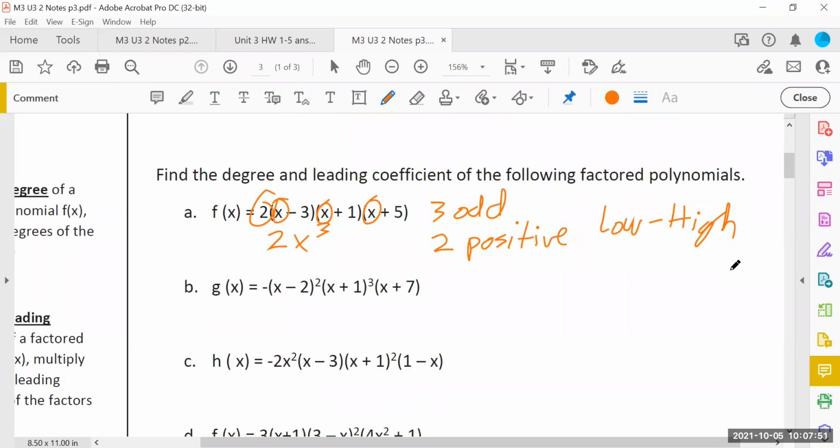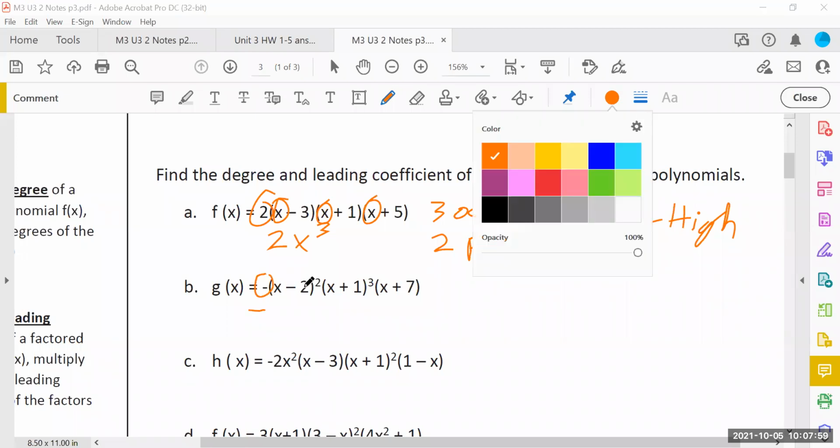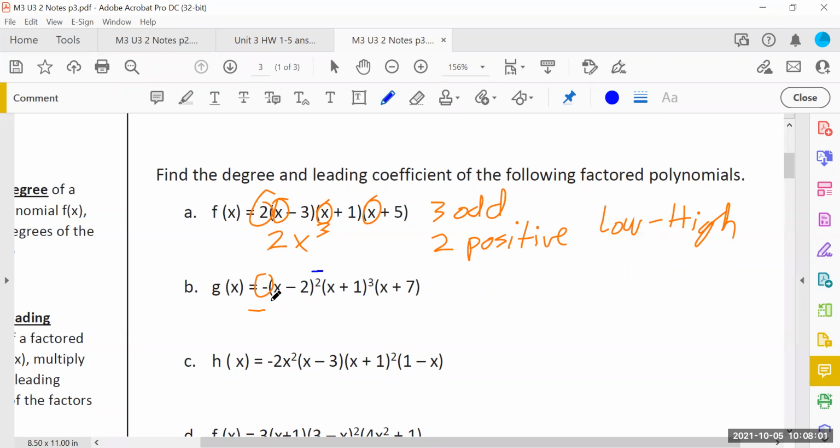The next one, we have a little negative out in front here, right there. Negative. Okay, now we need to be careful. Right here, there's 2 of those factors, right? So each one has an x in it. So 1, 2 x's from that one. The next one is to the third power.